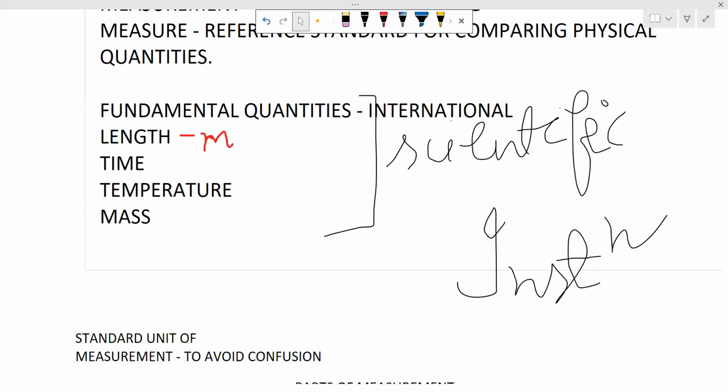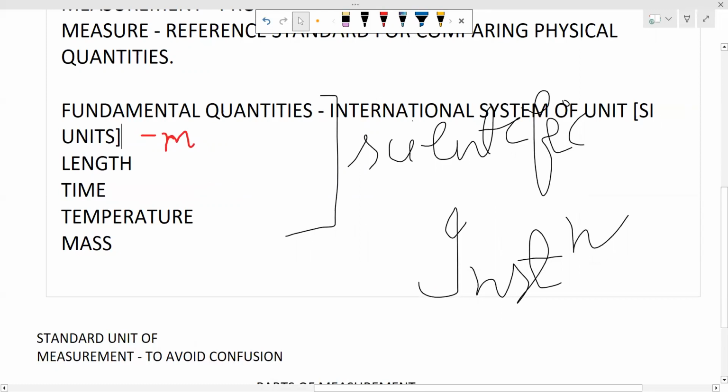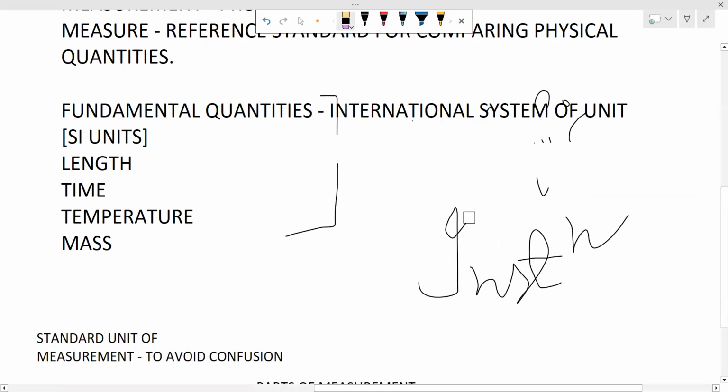We call it the International System of Units, or SI units. For length, the international system unit is meter. M means meter.